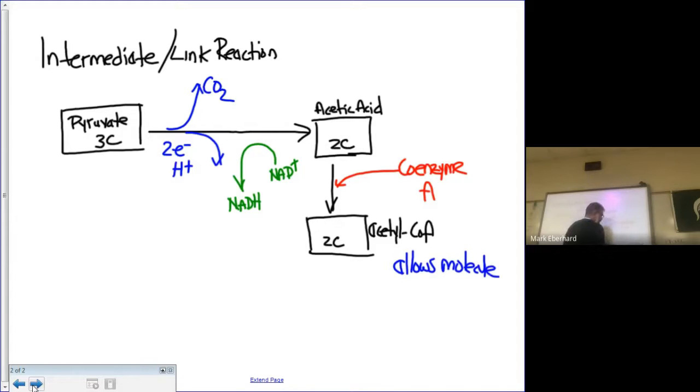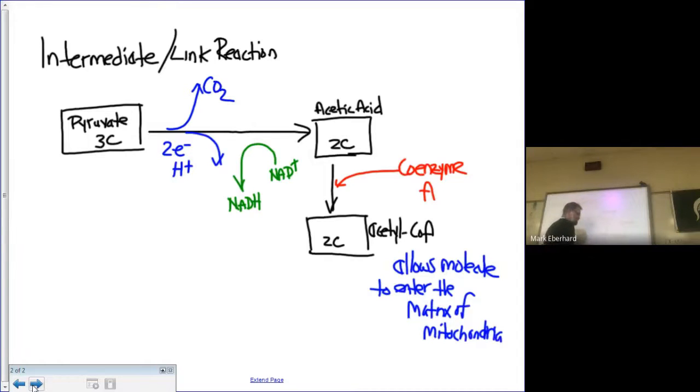So it allows the molecule to enter the matrix of the mitochondria. Remember, the matrix is the inner space that has a dense fluid in it. It's where the Krebs cycle is going to take place.